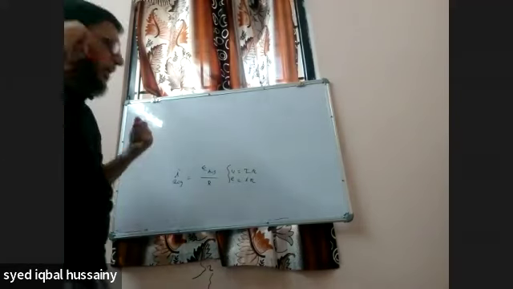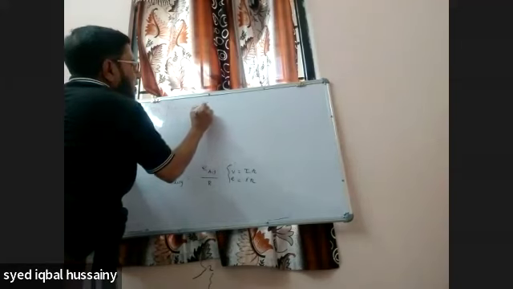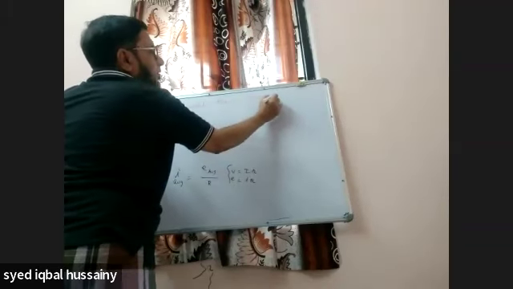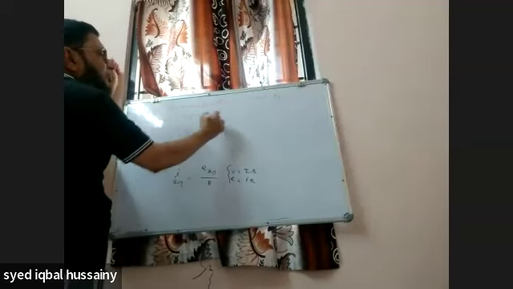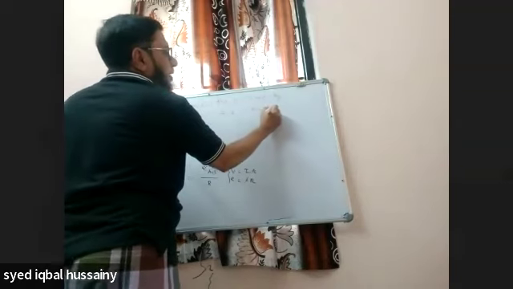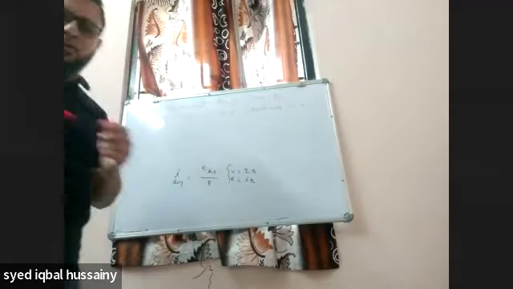Look children, a numerical is asked: if the magnetic flux is given by 5t square plus 4t plus 1, find the induced EMF at time equal to 1 second. So can you do it yourself by using the formula? Using the formula that I just gave, tell me.